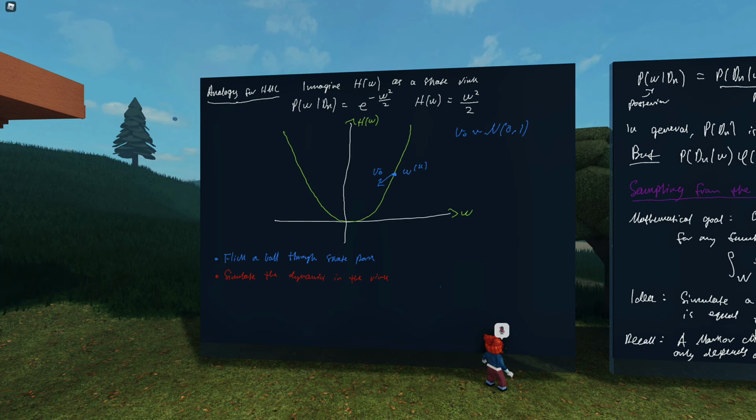We let the ball roll through the rink, and then eventually it might stop here. So it literally is a physical simulation. And then we've got this as being W at our stopping time. This might be our new candidate.